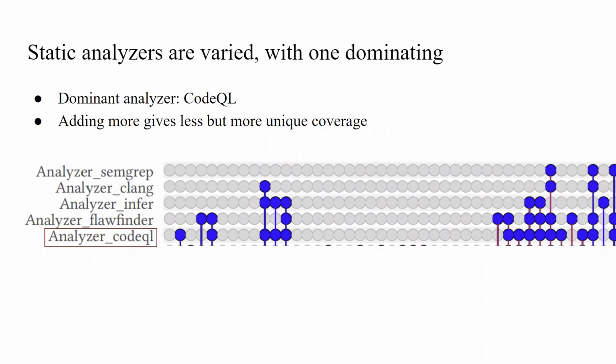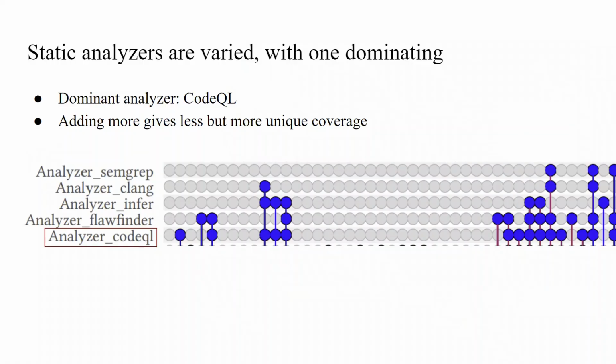And this is looking at the analyzer side of it. This is different, right? This is not a ton of overlap, and a lot of tools are more specifically finding unique things relative to the fuzzers on the other slide.